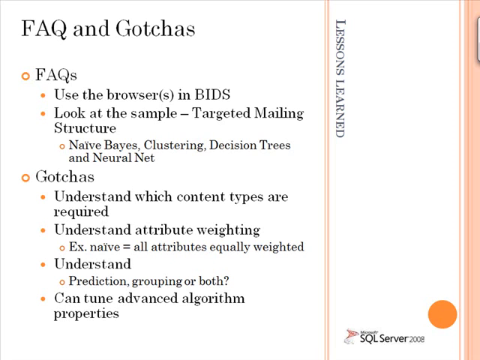In the case of naive Bayes, all attributes are weighted equally, and that's an important consideration. Another thing for you to consider when you're setting up data mining algorithms is whether they predict, group, or both group and predict. And also, you may want to take a look at the advanced algorithm properties so that you can accomplish additional tuning. And we'll look at all these things in the upcoming screencast.